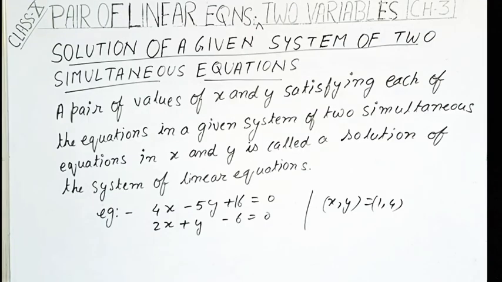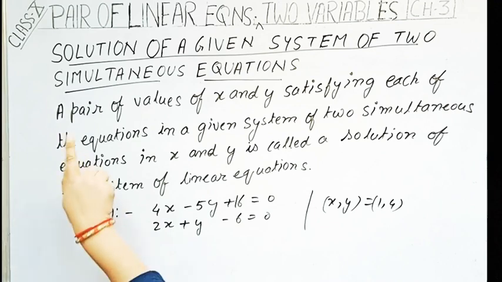Let us come to the next definition of chapter 3, linear equations in two variables. It is solution of a given system of two simultaneous equations. Now we are knowing what are simultaneous equations. Simultaneous equations are a pair of equations which are satisfied by the same pair of values of x and y. So what is the solution of a system of two simultaneous linear equations?